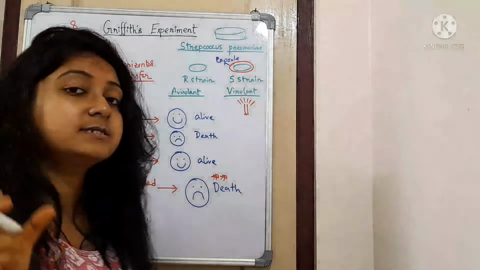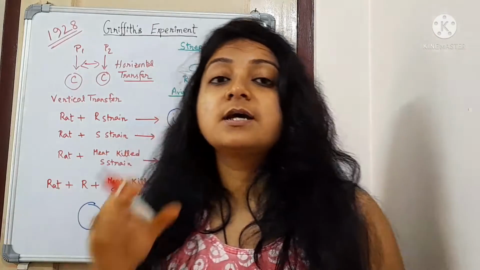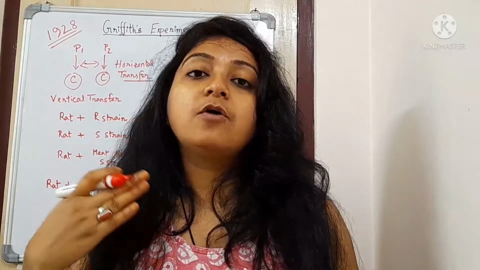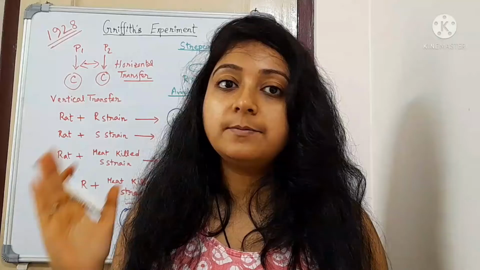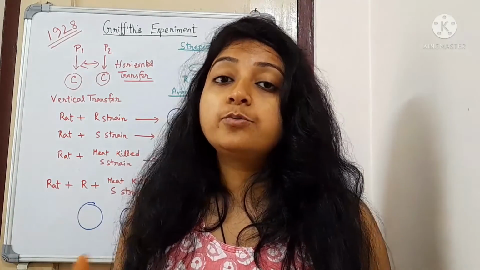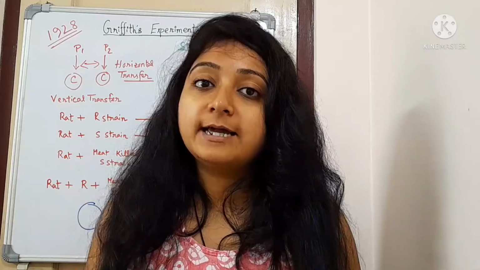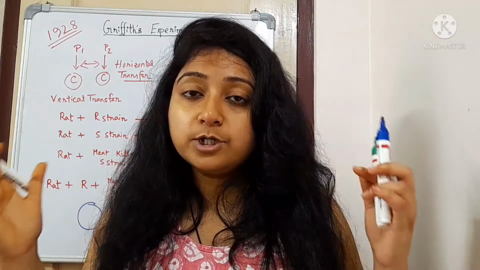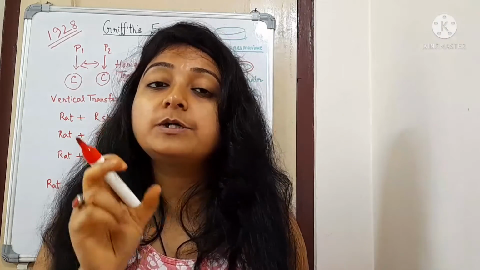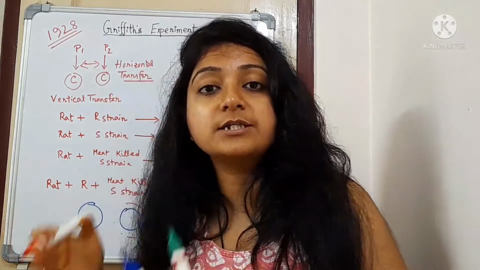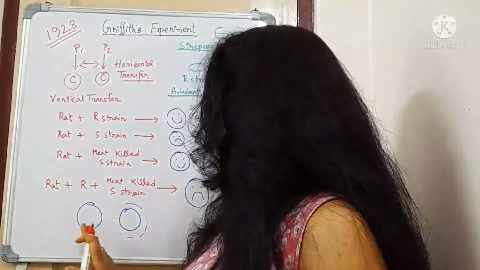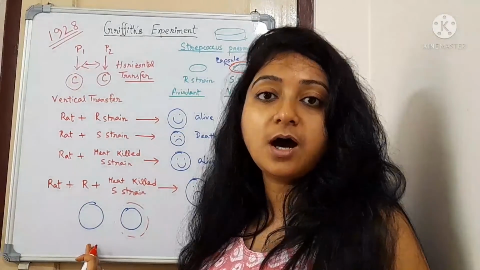That means there is something carrying the information for forming the capsule upon the bacterial cell, which was actually remaining alive. Though the bacteria was heat killed, that factor was remaining alive, and it was transforming from the heat-killed S strain to the R strain.